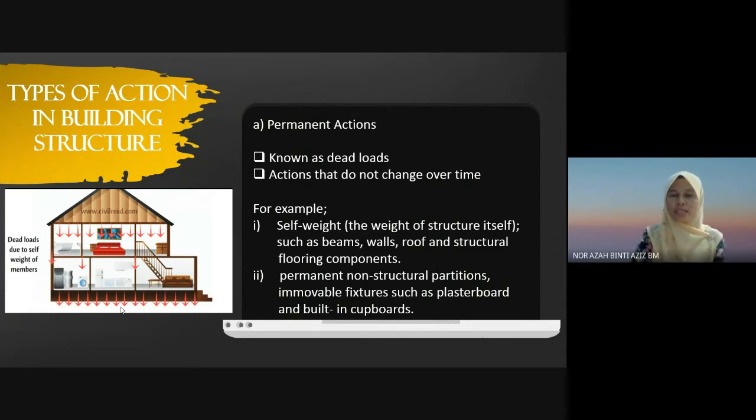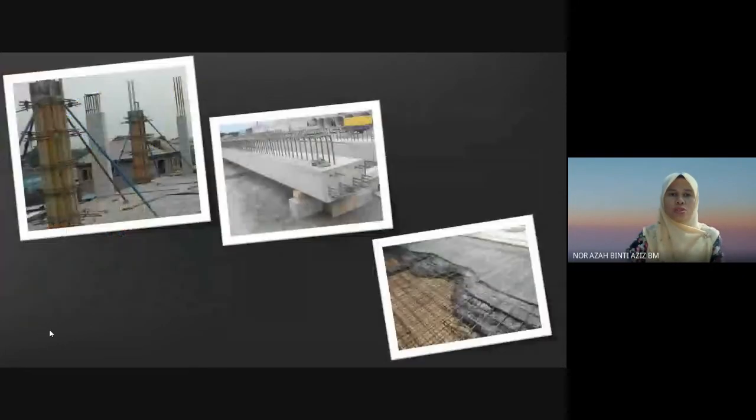Itu contoh dead load. Kita tengok sini. So here we have reinforced concrete column, made of concrete and reinforcement. Again for beam we have reinforced concrete beam and we have reinforced concrete slab also.